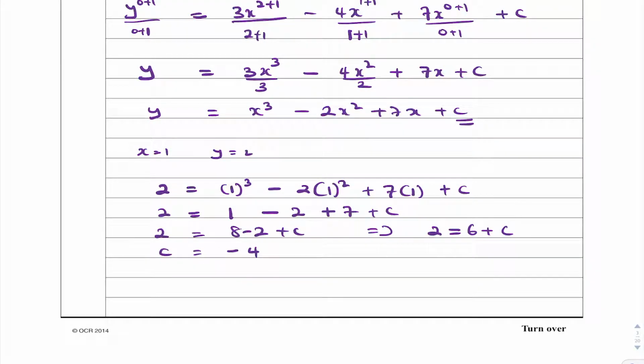And therefore the function we're looking for is y equals x cubed minus 2x squared plus 7x minus 4.